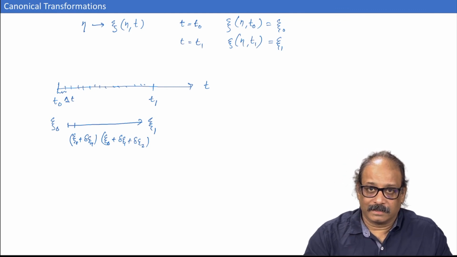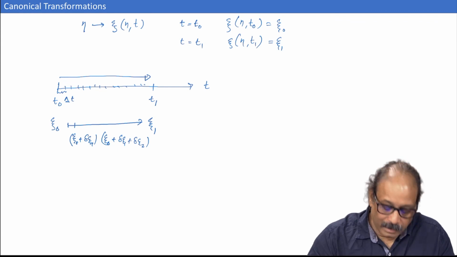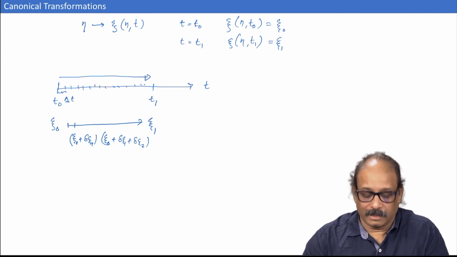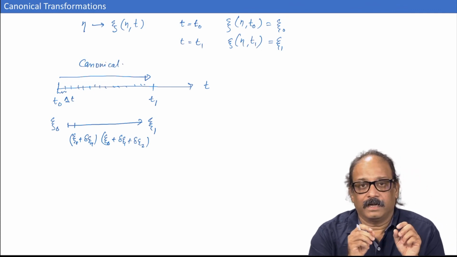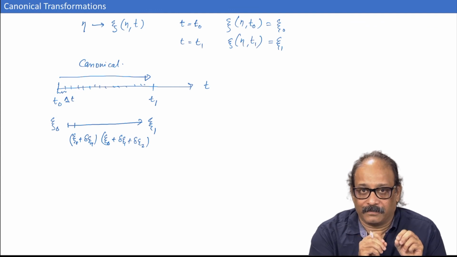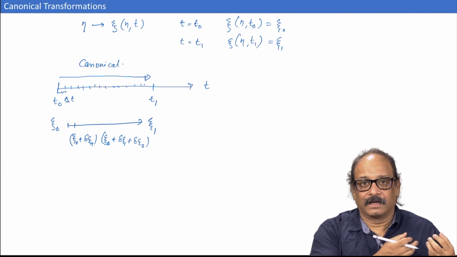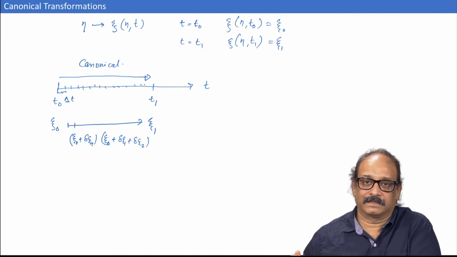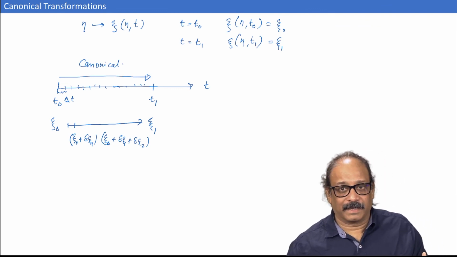So, you can think of the transformation from here to here as canonical if each individual infinitesimal transformation is canonical. The total transformation is in fact a product of all these infinitesimal transformations, and then remember the condition for symplectic matrices too.